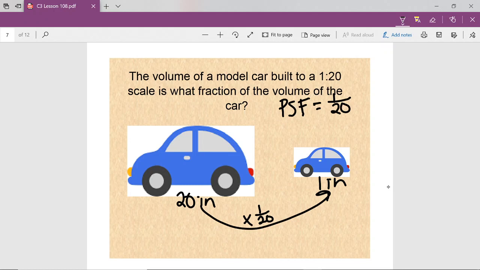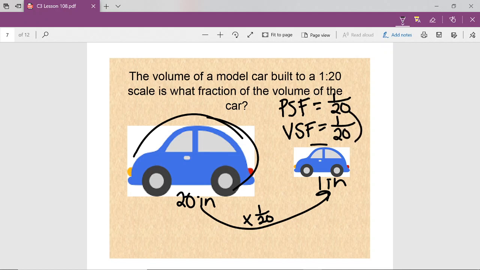But we want volume. So I can skip over the area scale factor, you can definitely find it, but we can also just go to the volume scale factor to say if this one is a certain volume, then it is what fraction. Regardless of how you look at it, we are still going to use that relationship of 1/20th cubed to get that volume scale factor.